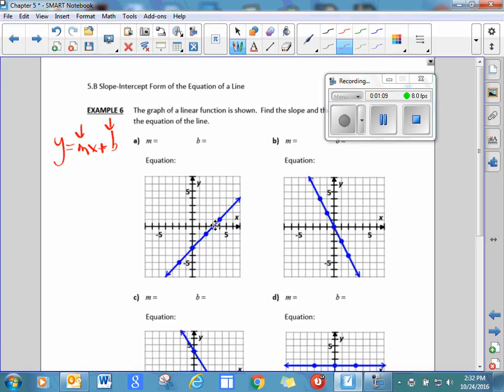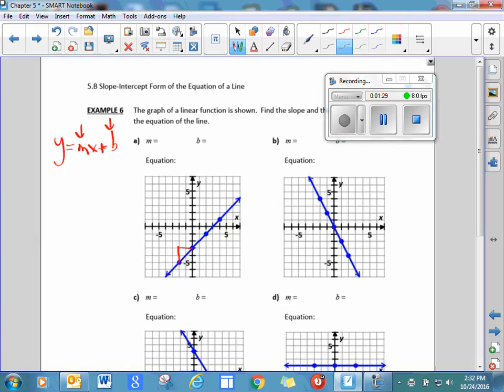So if we pick any 2 points on our graph, first of all, we know our slope is positive because it's rising from left to right. And if we can calculate the rise over the run. So if I pick this point right here, we rise up 2 and we run 2.